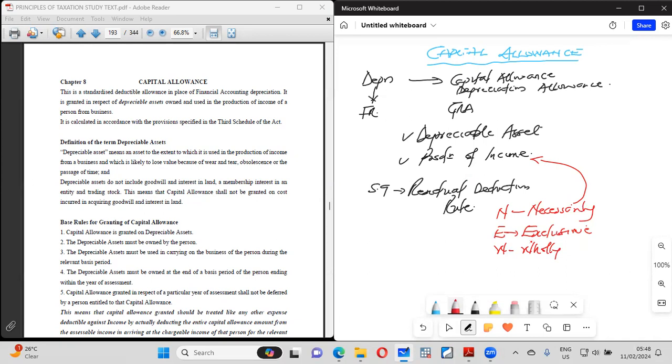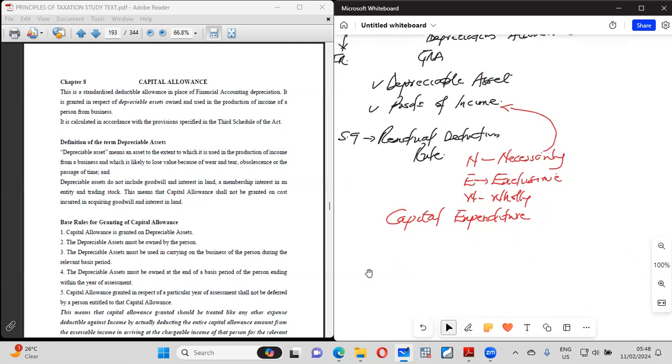But we also learned that in the same residual deduction rule, the same section, capital expenditures are not allowed for deduction. So if the expenditure is to be deducted, it has to be of a revenue nature, unless it is a research and development expense. It is only research and development expense on a normal business.